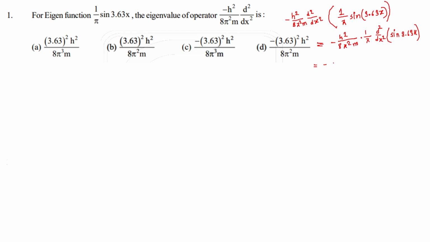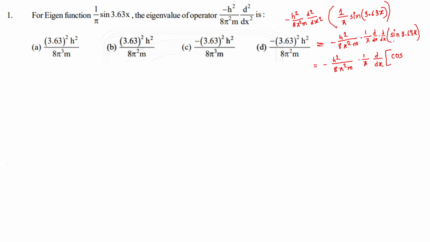So let us do one by one. h square by 8 pi square m, 1 by pi, I am keeping it outside. Now d by dx, if I write d by dx once, so that is going to be your cos differentiation. What I am trying to say is here I am doing two time differentiation.